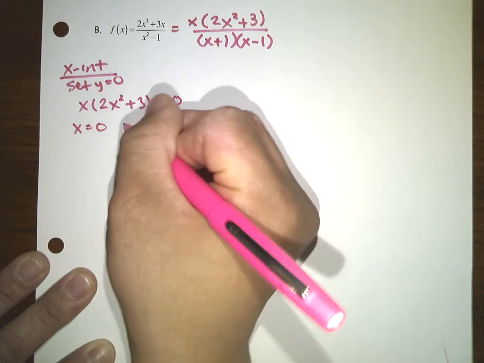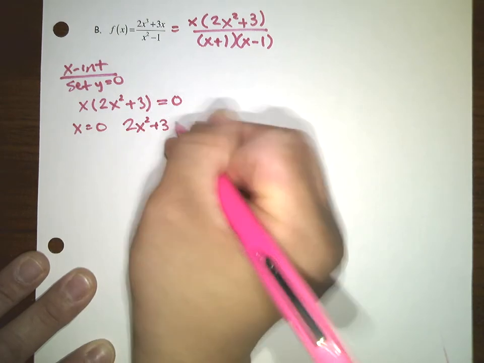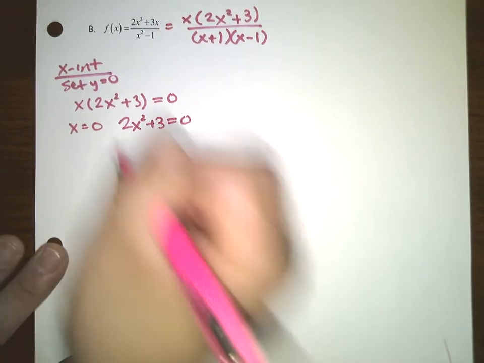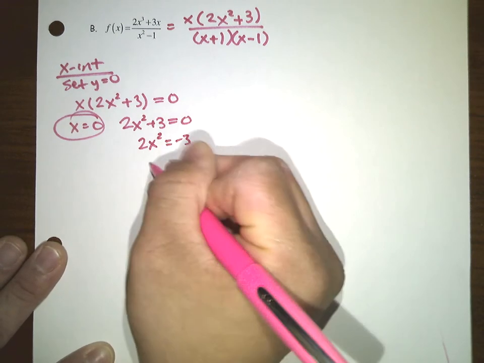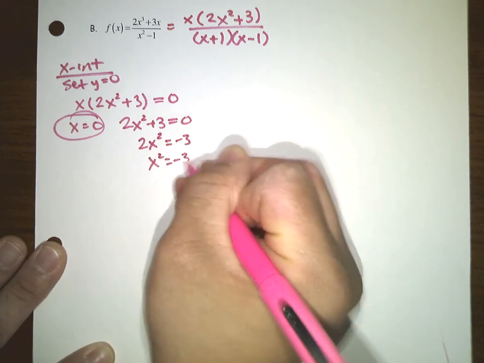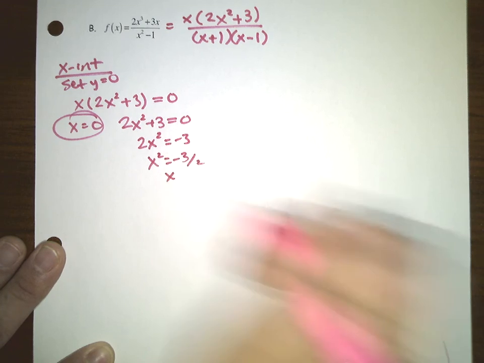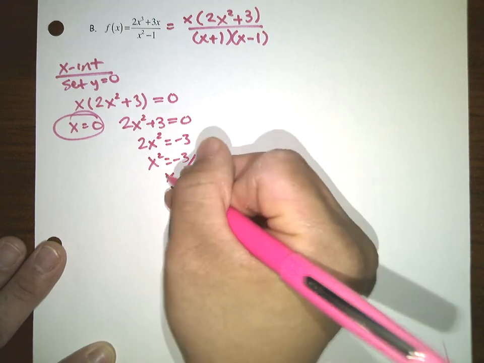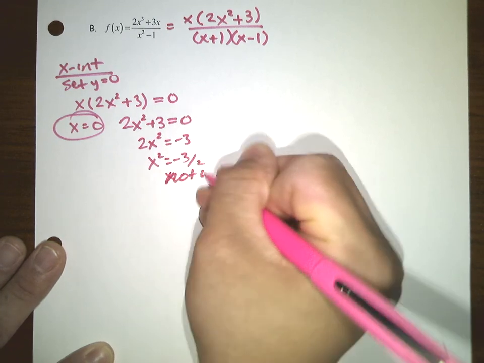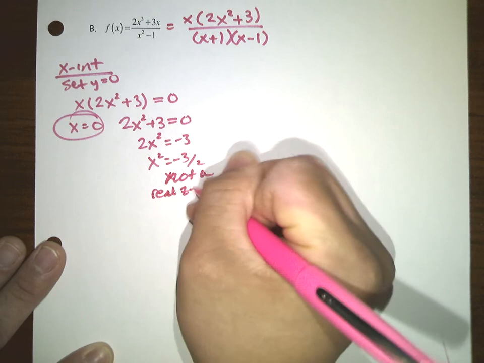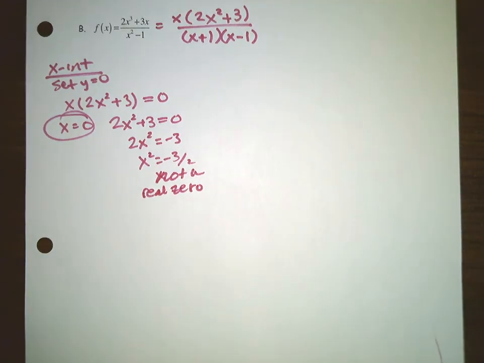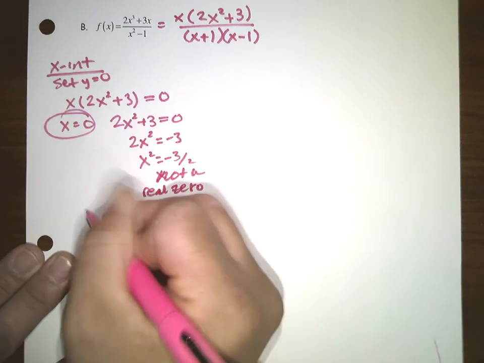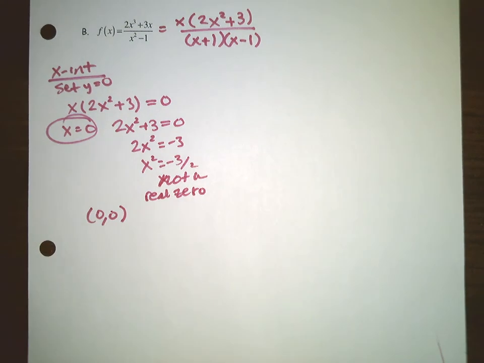So x is 0, or 2x squared plus 3 is 0. But we know that this one will be imaginary, so this one is not going to be a real 0. So we're not going to worry about graphing that 0. So there is an intercept at 0, 0.